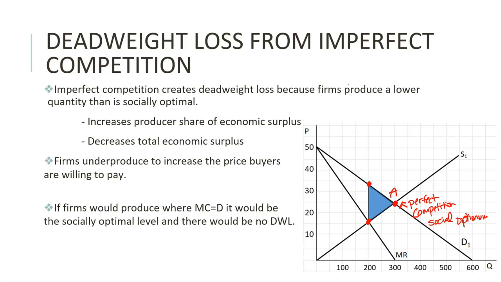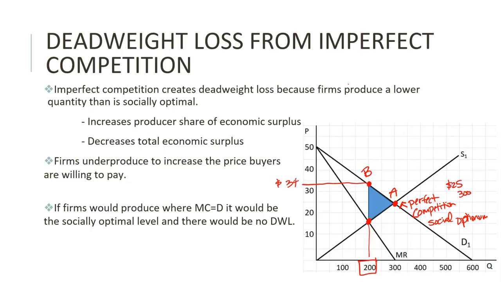Okay, so they're going to have a split point. So point B is going to be their best choice. And they're going to charge, say, $34. They are going to produce only 200. Whereas our competitive market would be charging around $25 and they would be selling 300.